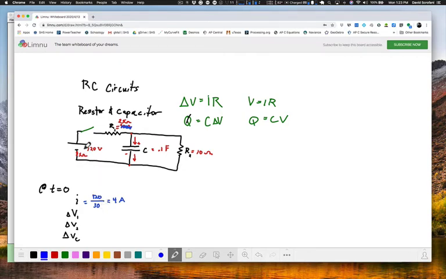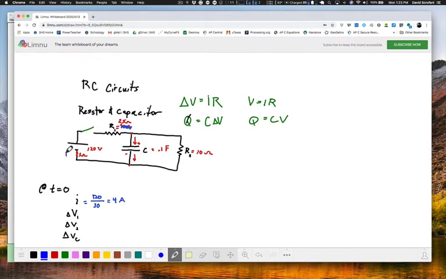What's the voltage drop across our resistor R1 at that moment in time? I know I keep jumping back and forth with these internal resistors. Maybe it would be better if we, well, you know what? No, let's leave it alone. Let's add in an additional resistor.